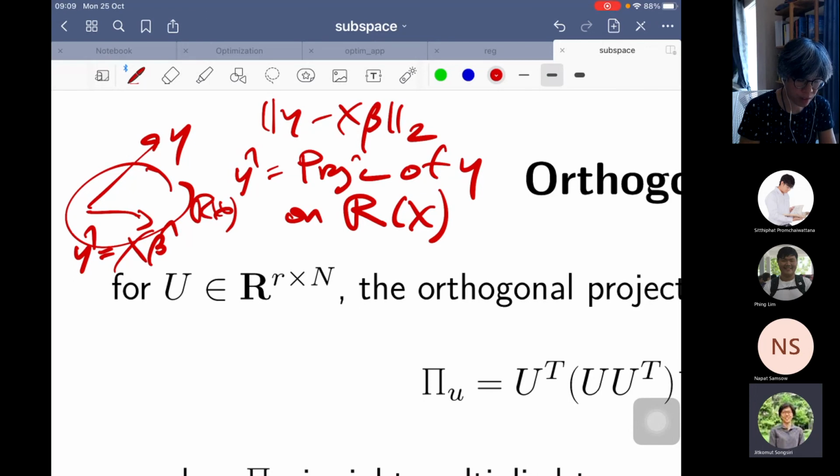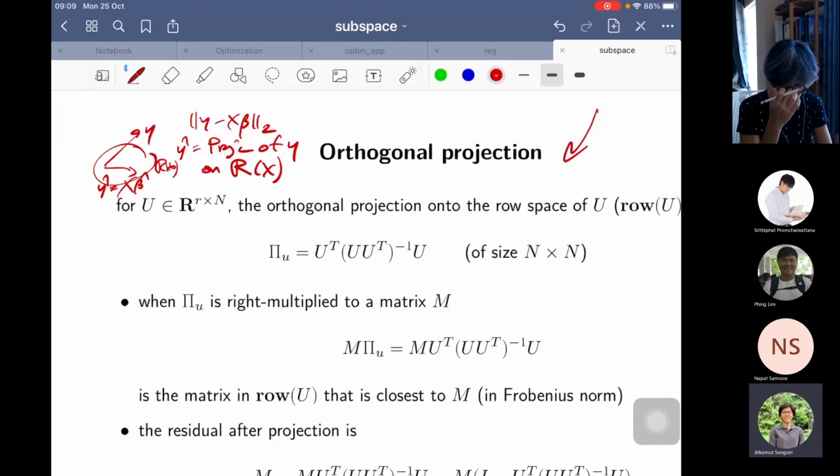So here, the orthogonal projection we see in this slide is very closely related to that concept, but we change the concept from column space to the row space instead. In this setting, we have a matrix U that has size of r by N. Our big N has the meaning of the number of samples in your data.